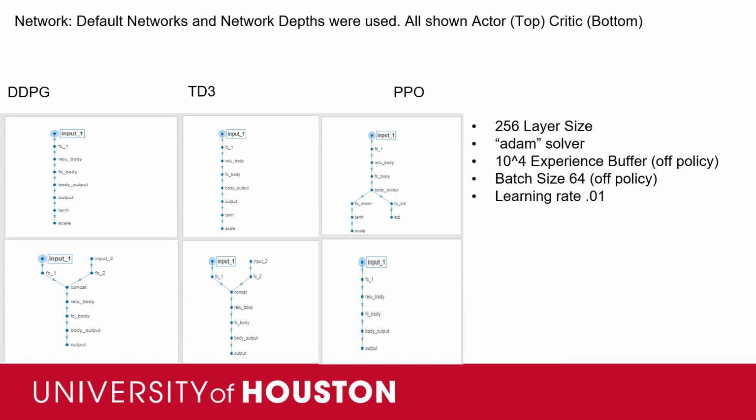These were started with a default layer size of 256, Adam solver, a 10 to the 4 experience buffer for the off-policy algorithms, a batch size of 64 for the off-policy algorithms, and a learning rate of 0.01 across the board for actor and critic.